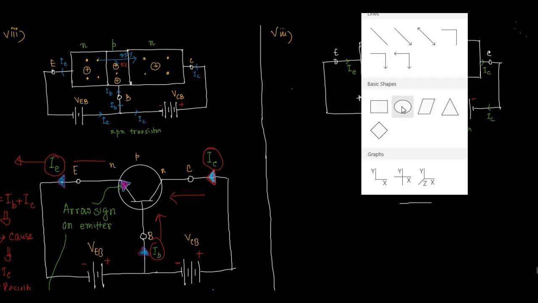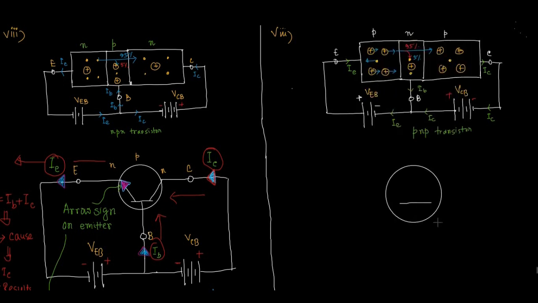On the right hand side, we can draw the symbol of PNP transistor. This is the base B, this terminal is the collector, and the other oblique terminal is the emitter E, and we can denote an arrow sign on the emitter.